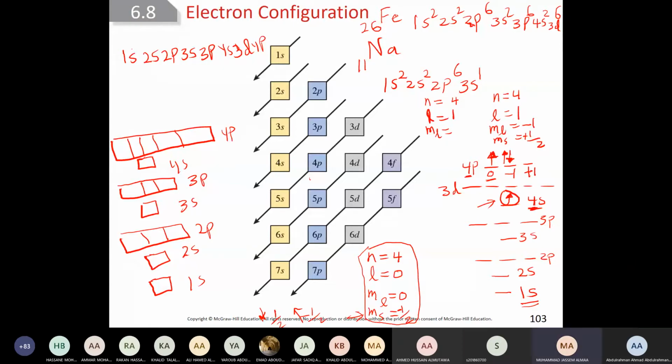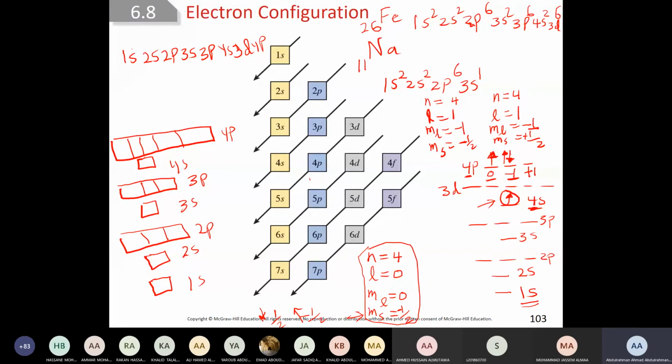Minus 1 only. I decided already. This one is minus 1, so this one must be minus 1. It's in the same orbital. And what's the value for ms? Plus half, because I already decided the one which is up is minus half, so the one which is down is plus half. Is this clear?